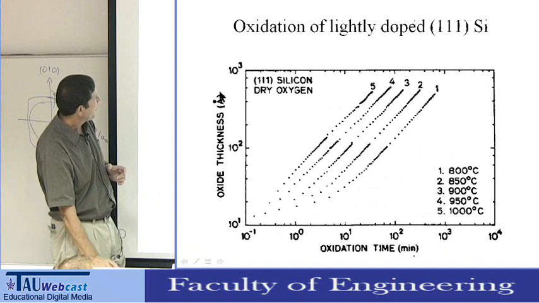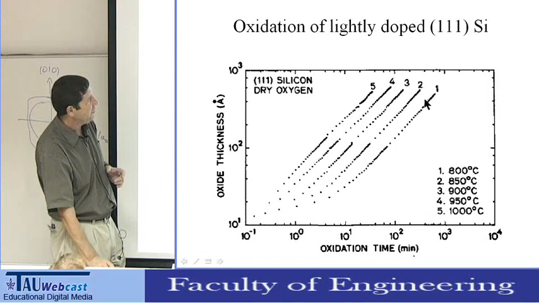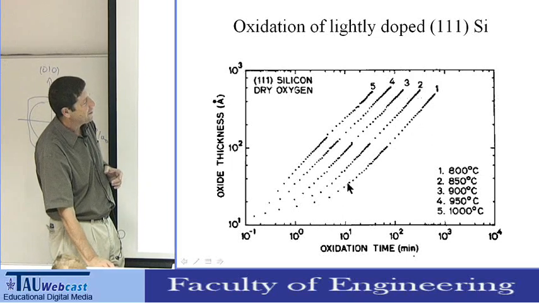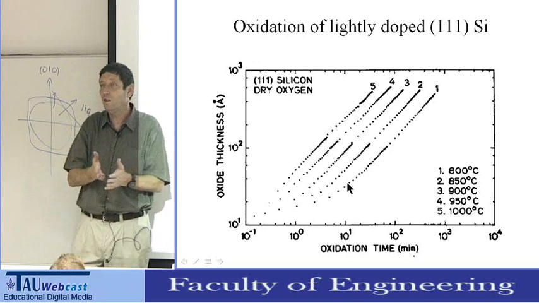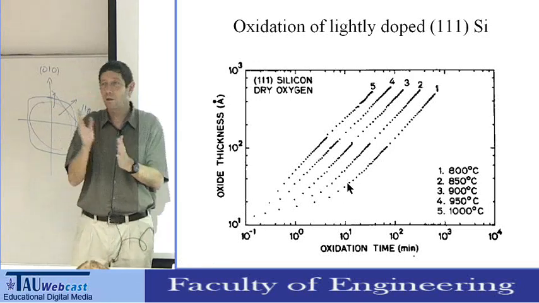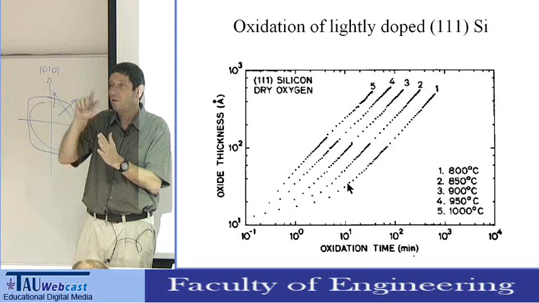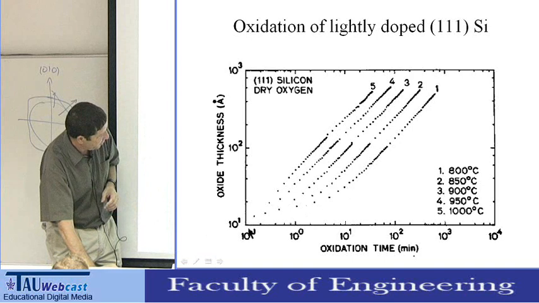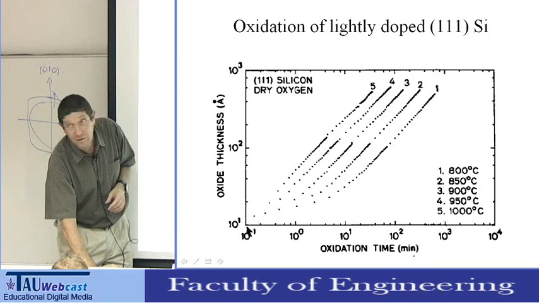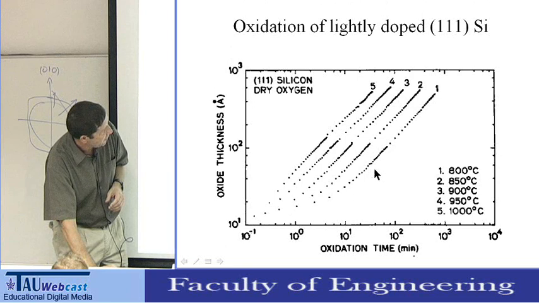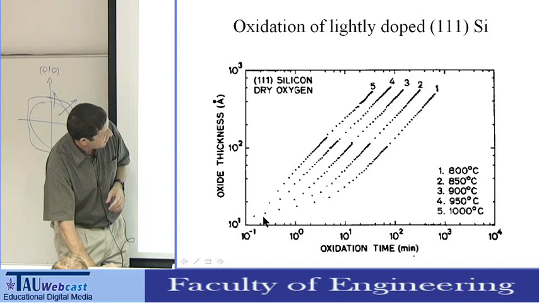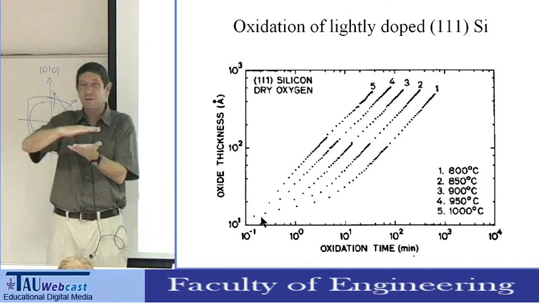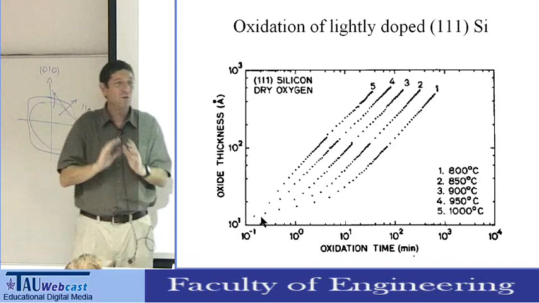If you look at the oxide thickness versus oxidation time on a log-log scale, you expect to find a straight line because it follows either time to the power of 1 or the square root of time. But what you find out, with very short time, this is 1 minute, is that for very short time the model doesn't fit. For the first 10 or 20 angstrom, the Deal-Grove model doesn't fit.